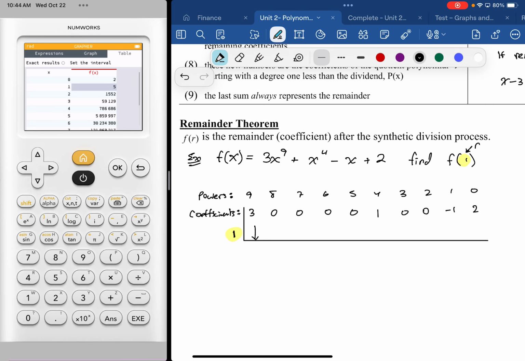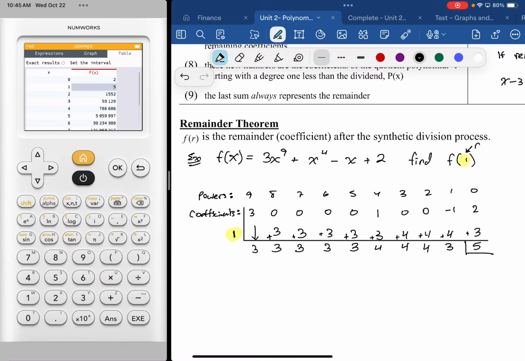All right. So I pull down the 3, multiply, 3, add, 3, multiply, 3, add, 3, multiply, 3, add, 3, multiply, 3, add, also 3, multiply, 3, add, now it's a 4, times 1 is 4, 0 plus 4 is 4, multiply, 4, add, 4, multiply, 4, add, 3, multiply, 3, add, result 5.